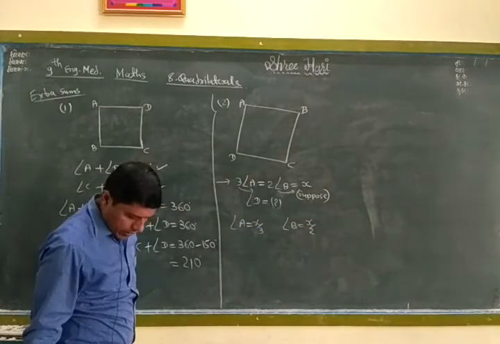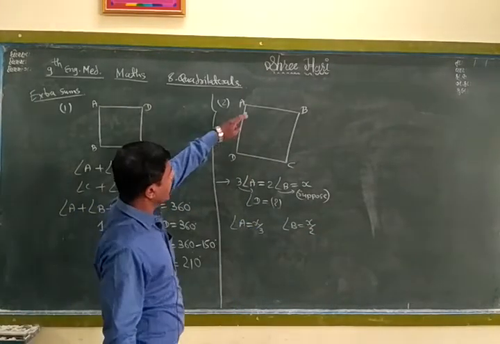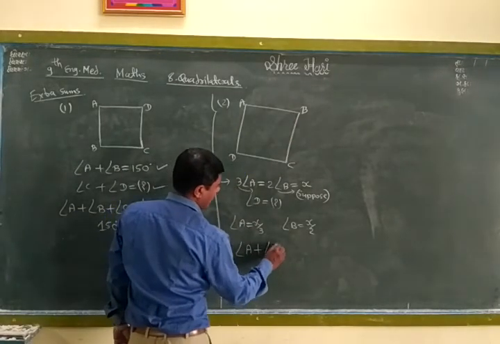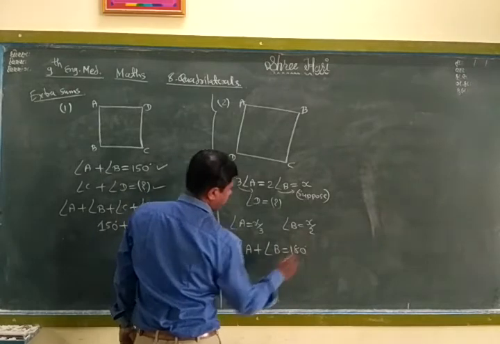Now we know that angle A plus angle B is equal to 180.